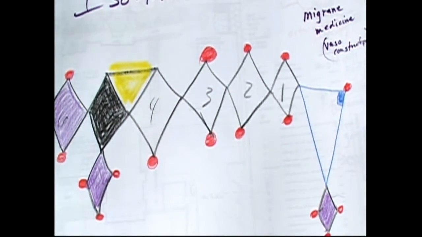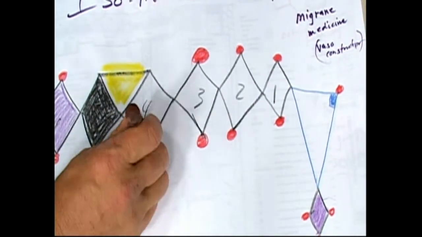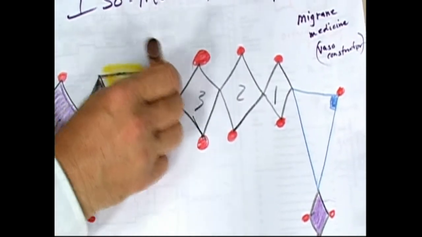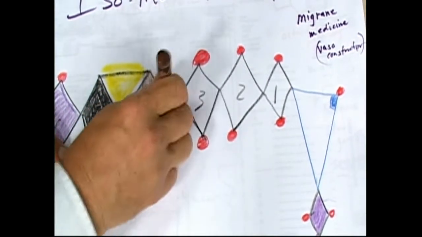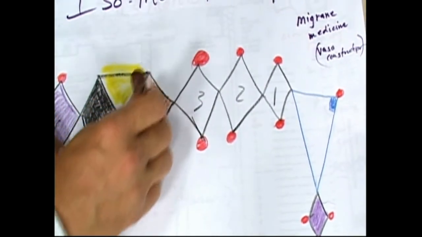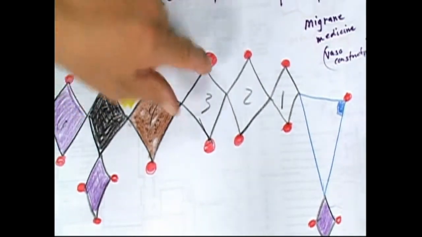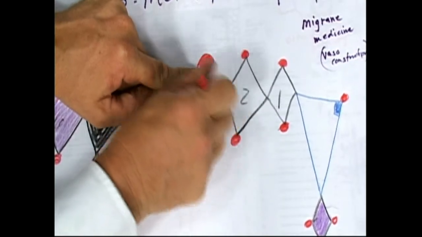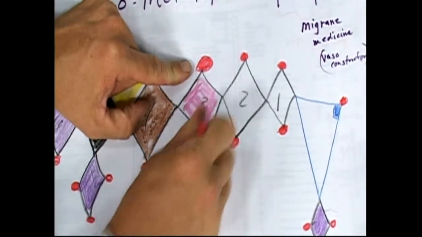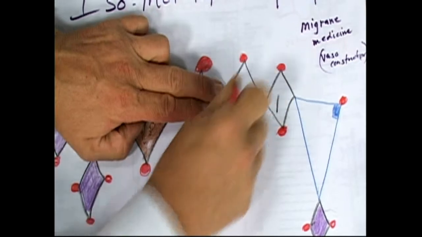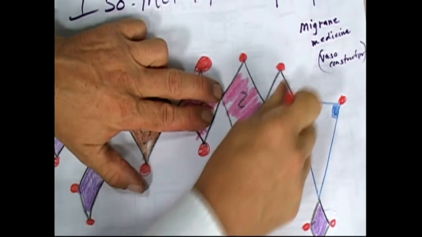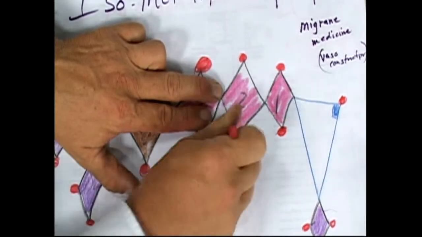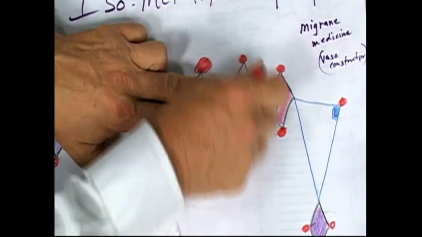Okay, so 1s are brown. Twos were the scarlet red, I believe, right? It's supposed to be scarlet, but they're kind of pink.